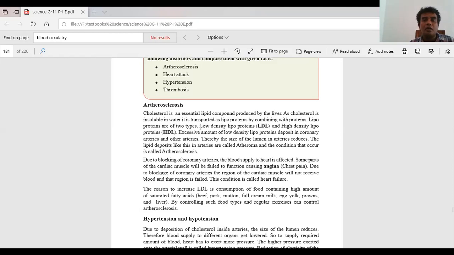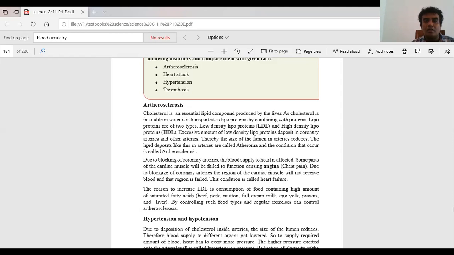People fear this LDL, or low density lipoproteins, which make problems when they get deposited inside the artery, especially as the space of the arteries is reduced, and as a result, regions of the heart or the cardiac muscle will not receive the blood, and that condition is called heart failure. So atherosclerosis makes a condition in the heart called angina, which is also called heart failure.